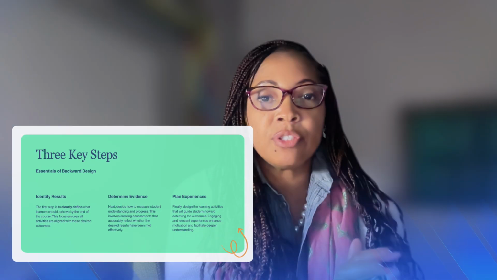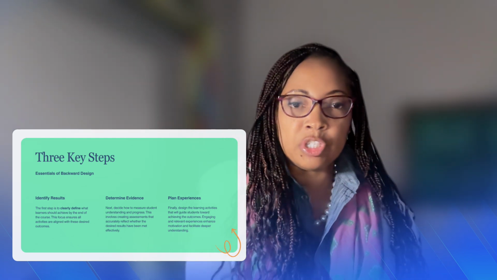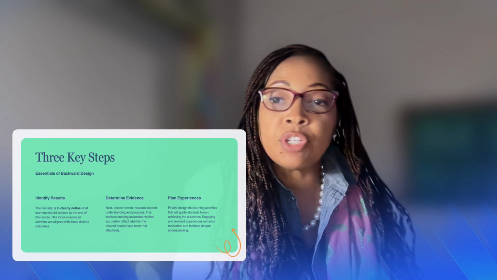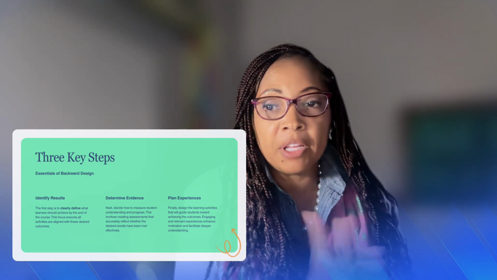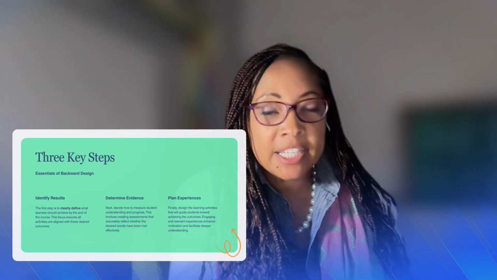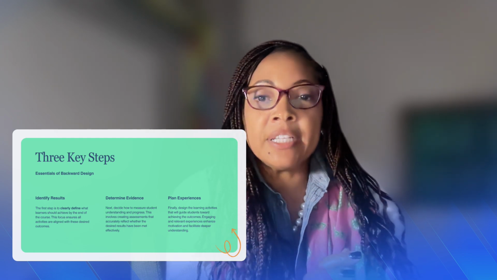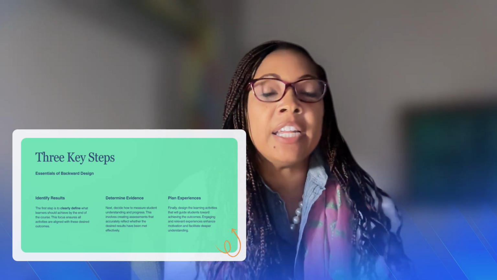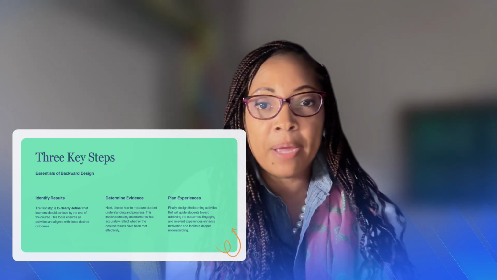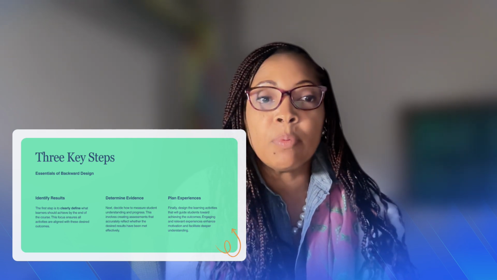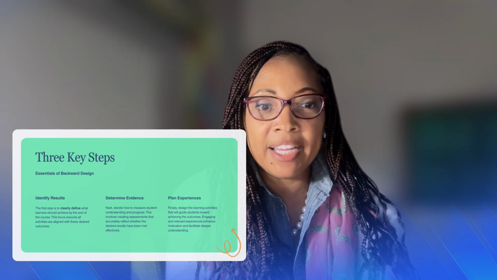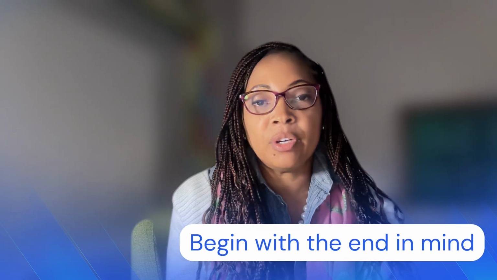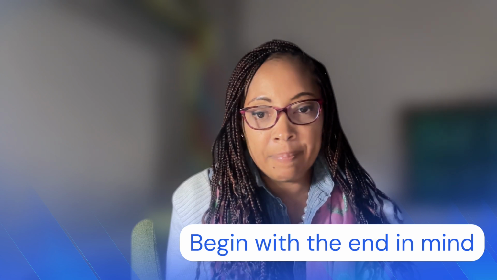So if we go back to our thought-provoking question, which you can see right here in the description, if you chose B, give yourself a round of applause. B was specify performance outcomes, right? That is the first step in adopting and aligning with the backwards design model, because we want to begin with the end in mind, which means we want to be clear about what those learner outcomes are.